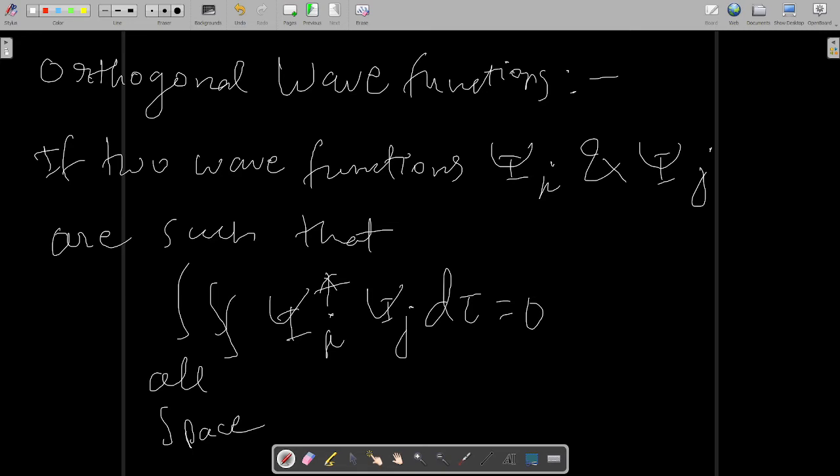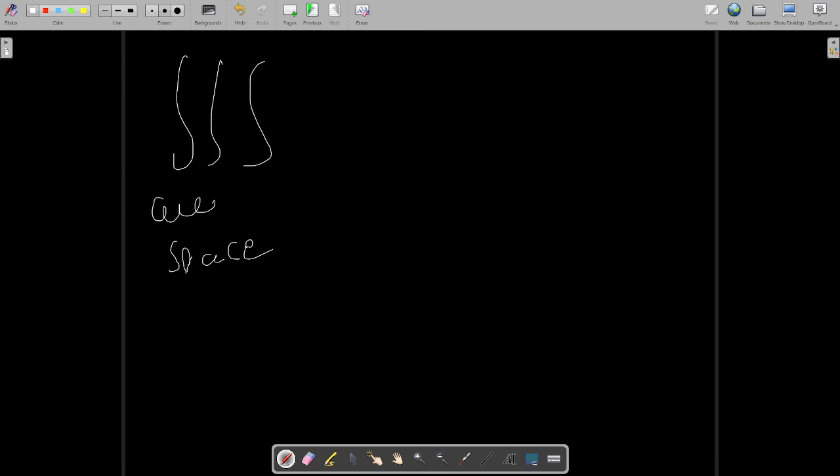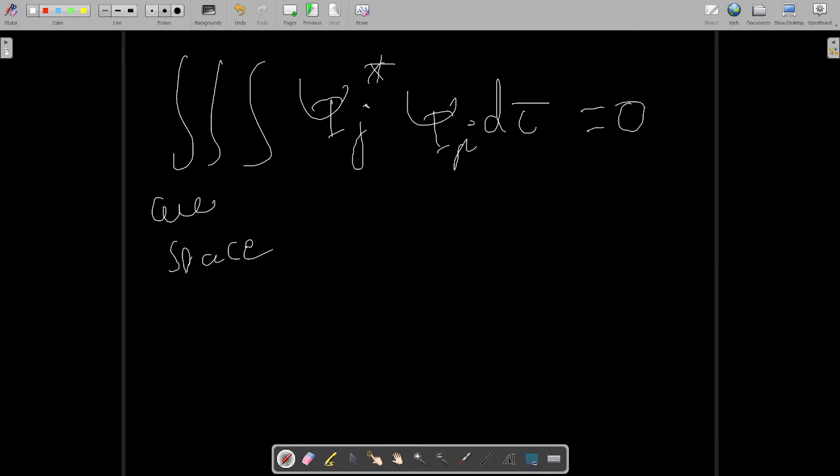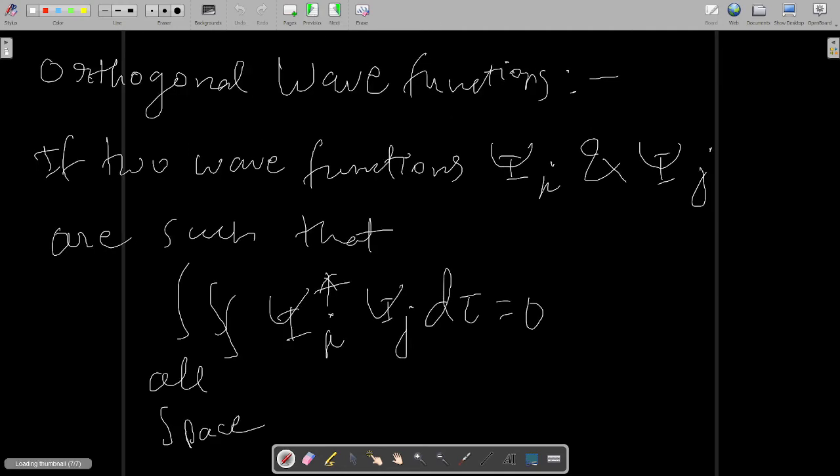This is the first relation which is being satisfied, and another relation that is being satisfied is the integral over all space of psi j star psi I d tau, which is equal to 0. The condition is that I should not be equal to j over here also.